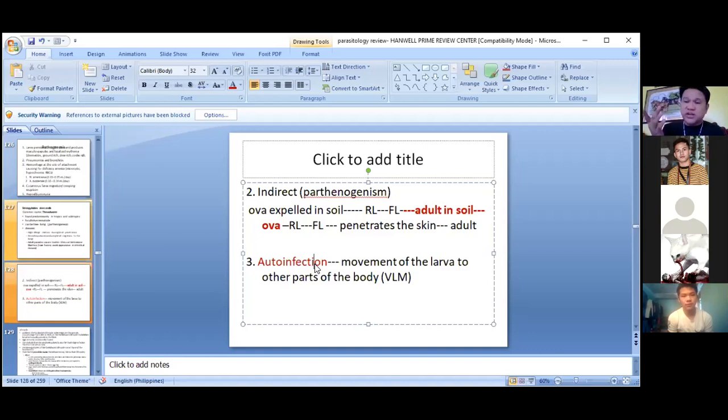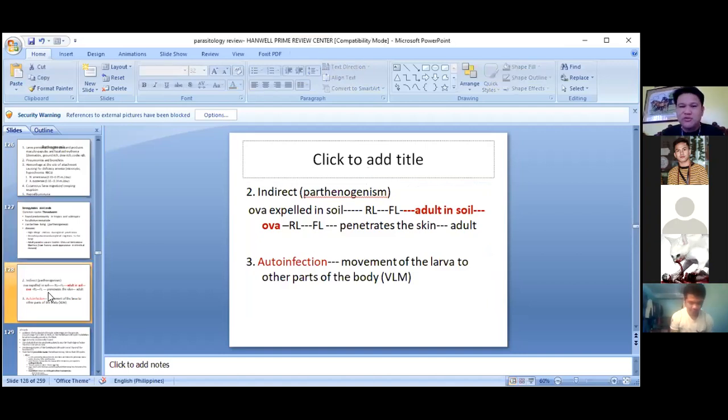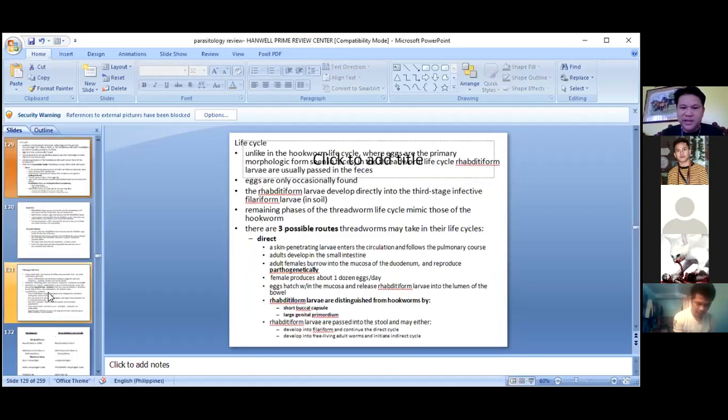Enterobius. Strongyloides, hindi. The parasites inside the body infect other organs. Internal. Naintindihan ang pinag-uusapan. Okay, questions? Internal auto-infection. Wala?